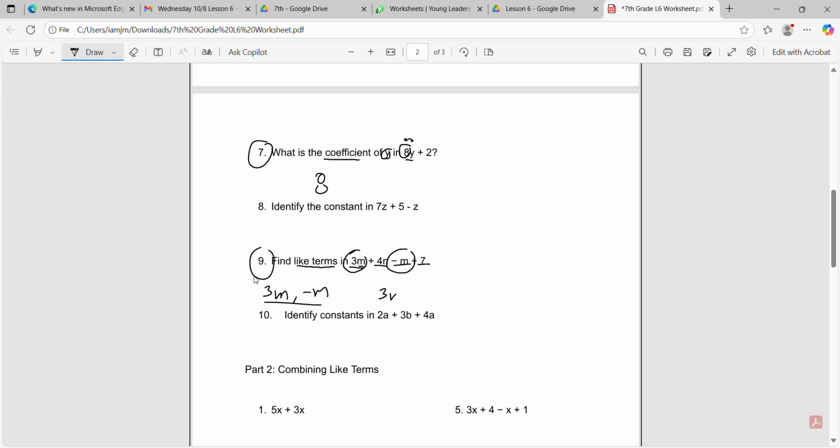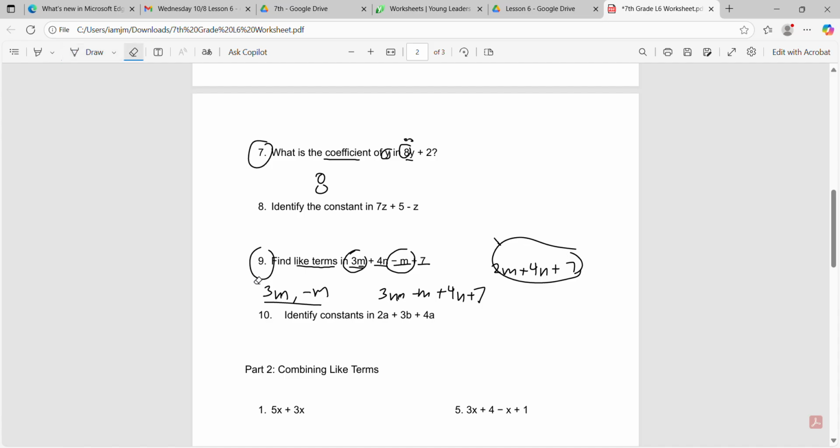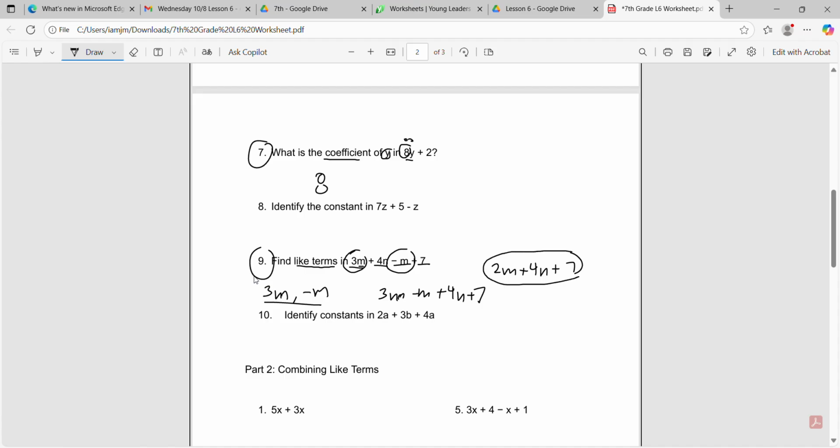If we were to combine them, it would look like 2m plus 4n plus 7. That's how our equation would look if you combined the like terms. And our answer is 3m and negative m. Let's move on to part 2.